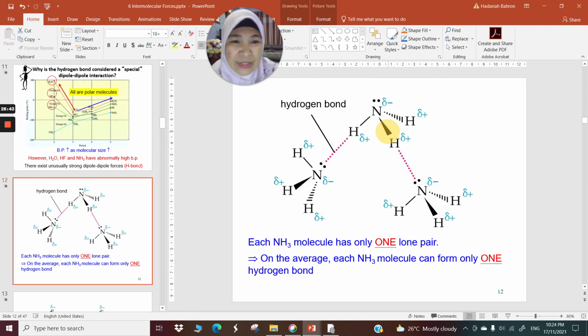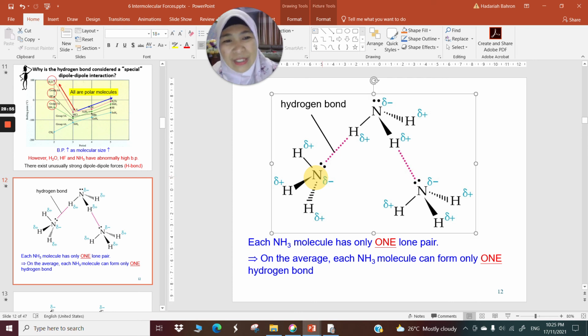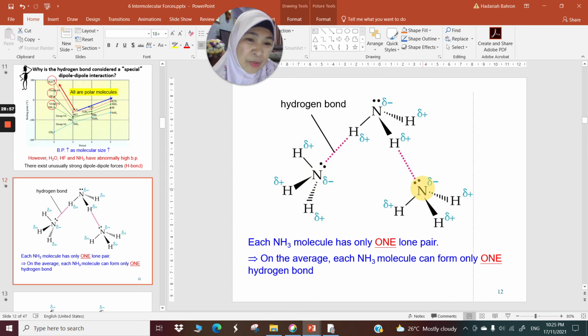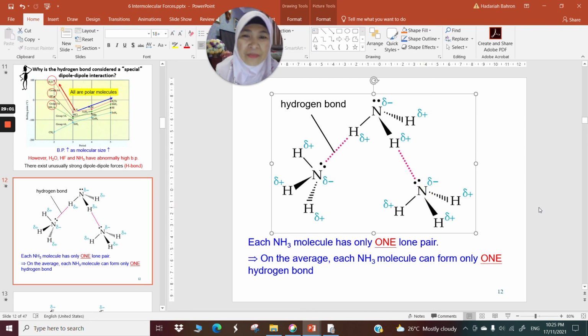So even though you see here that two of these hydrogens are bonded, the partner to which they are bonded is just another nitrogen from the ammonia on the left and another nitrogen from the ammonia on the right. So on average, each ammonia has only one hydrogen bond.